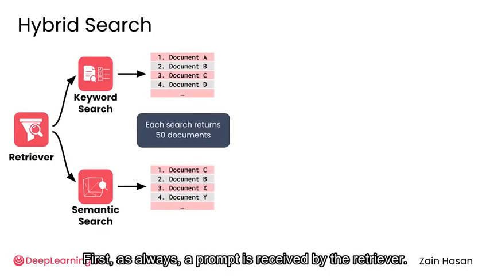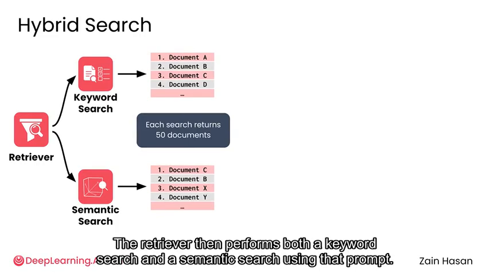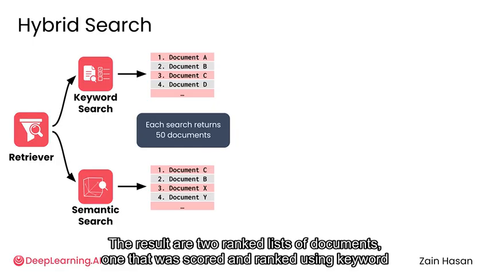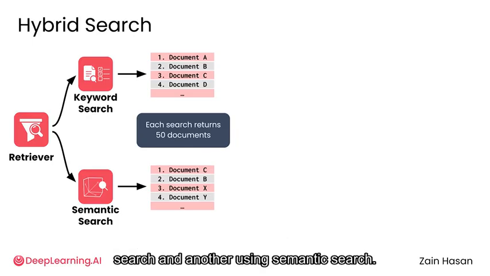First, as always, a prompt is received by the retriever. The retriever then performs both a keyword search and a semantic search using that prompt. The result is two ranked lists of documents, one that was scored and ranked using keyword search, and another using semantic search.